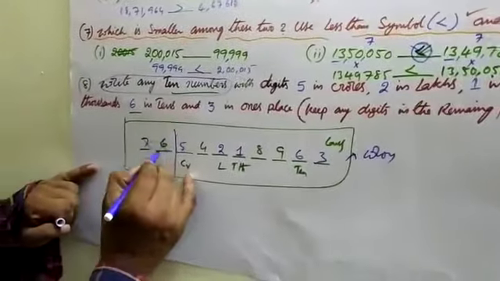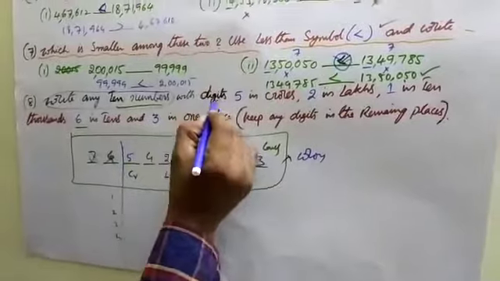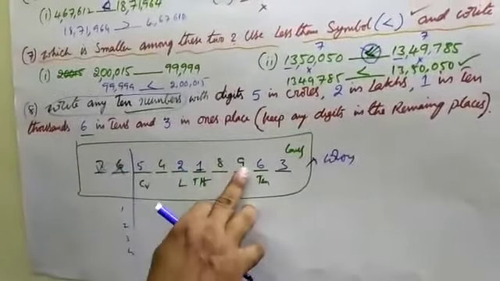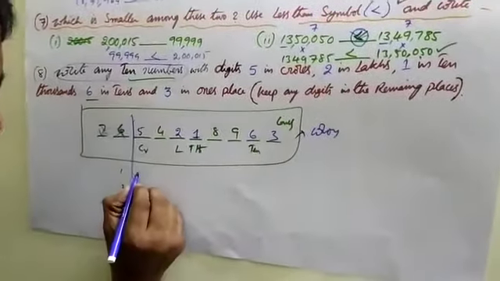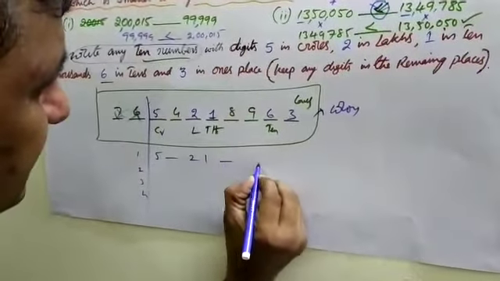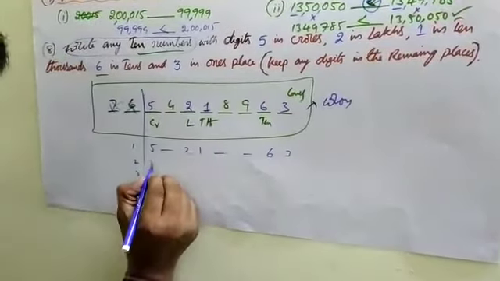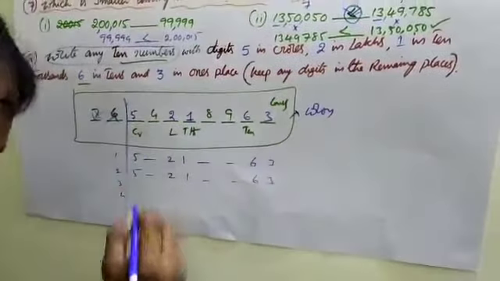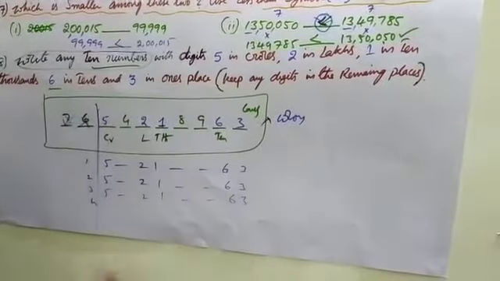Don't take the 9th and 10th. 5 digits, 5 in crores, 2 in lakhs, 1 in 10,000, 6 in tens, and 3 in ones. 5, 4, 2, 1, 8, 6, 3. Like the same, 2, 1, 6, 3. Here is 5, 1, 2, 1, 6, 3.